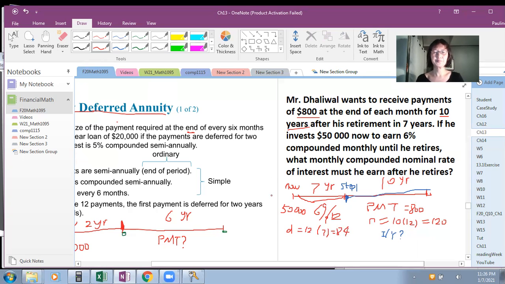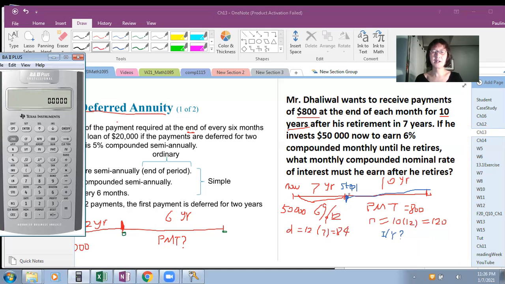Step 1, calculate the future value after 7 years. We set up CY, PY first. Second, PY. PY is 12. Enter. Down arrow key. CY is 12. Enter.